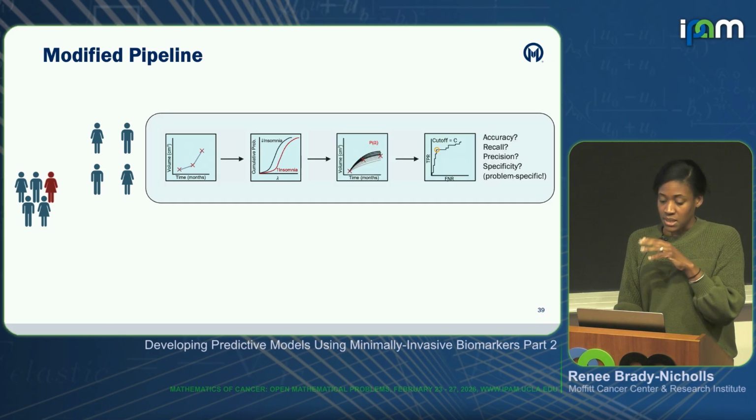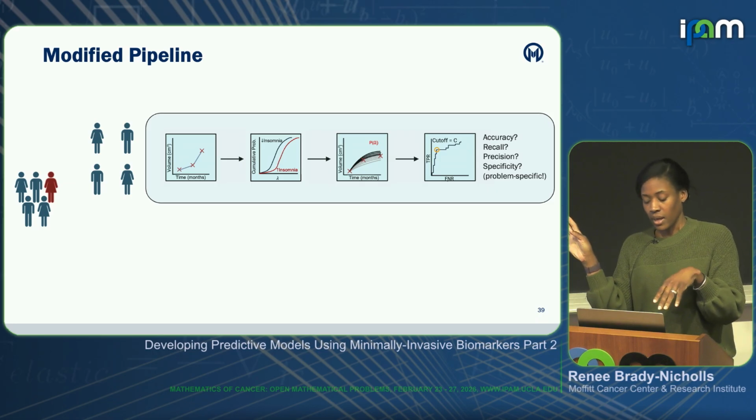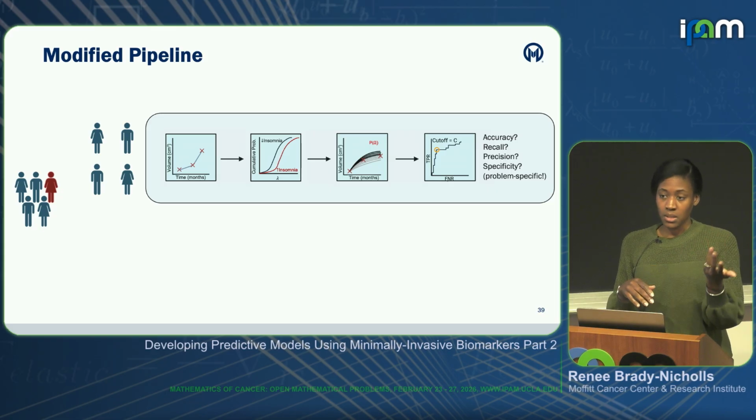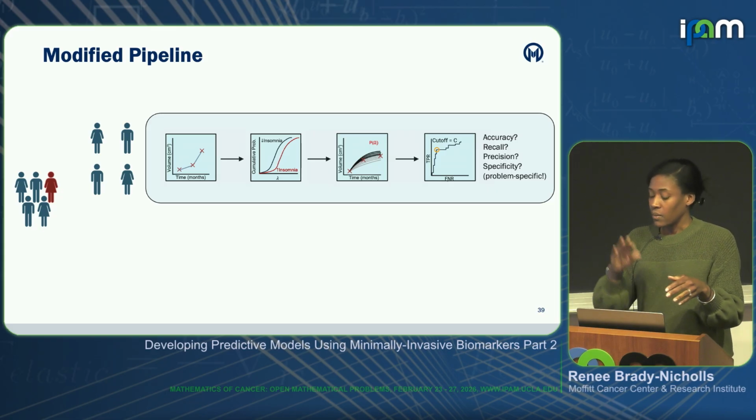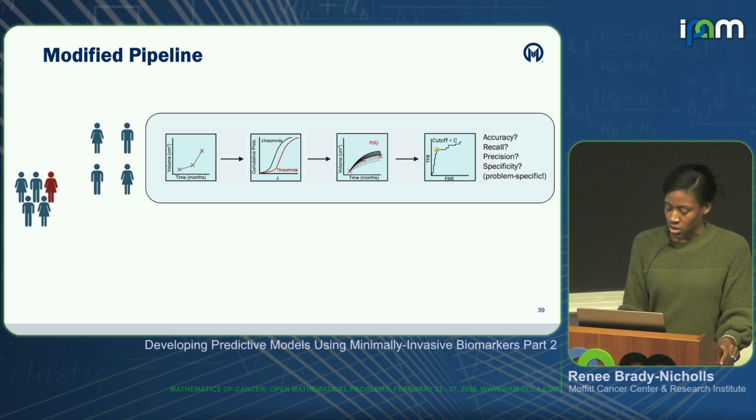And what we're going to do now is to sample from those distributions depending on the patient's specific insomnia level. So if it increased, we're going to sample from the red one, and if it decreased or stayed the same, we're going to sample from the black one. And again, we're going to make all these predictions, do ROC analysis, and look at our recall or precision to see how we can maximize our predictive potential.